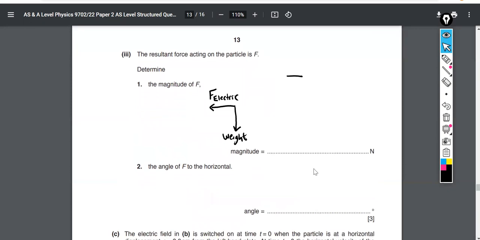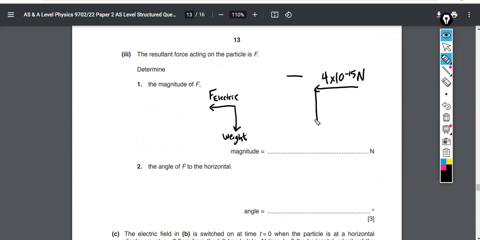The question goes on to ask us to calculate the magnitude of F, where F is the resultant force acting on the particle. So if it's got 2 forces, we can do a vector sum, right? Add these 2 vectors. We have an electric force that pushes the smoke particle to the left, and we were just showing that its value is 4 by 10 to the negative 15 newtons.